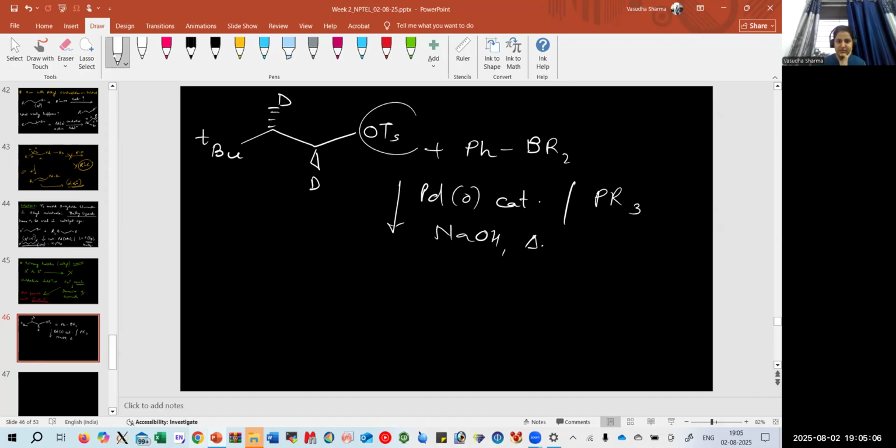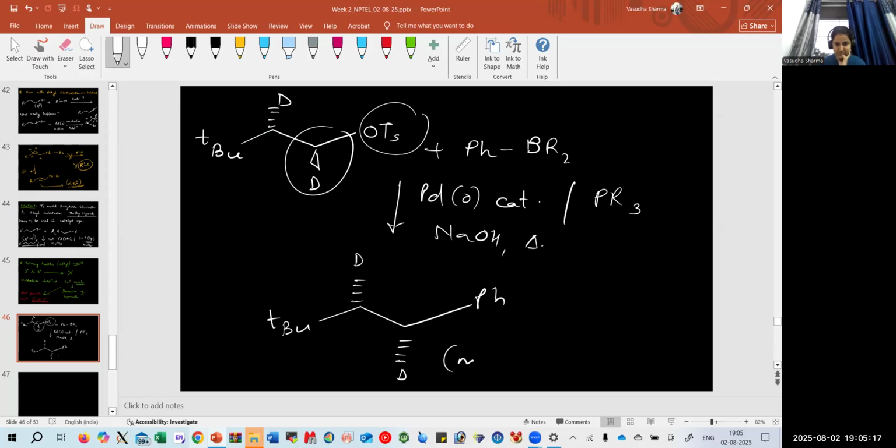So we are expecting this to be removed and then Ph to be coming in the picture. Ph came, this is tertiary butyl, and it inverted the center, this one, and giving the product. So this is a major product, and inversion has happened. That means oxidative addition is an SN2 mechanism. That way only it can work. So this is the scenario. Secondary and tertiary substrates can't be used.